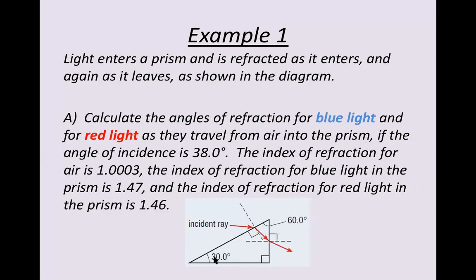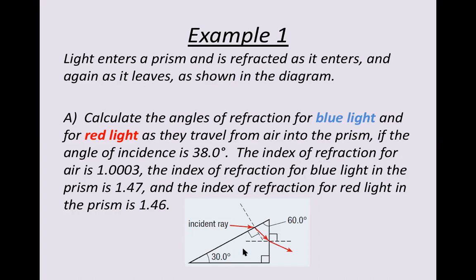So let's try an example. We've got this interesting shape. It's not an equilateral triangle like was shown in the prism in the diagram, but light enters a prism and is refracted as it enters and again as it leaves, as shown in the diagram. Calculate the angles of refraction for blue light and red light as they travel from air into the prism if the angle of incidence is 38 degrees.